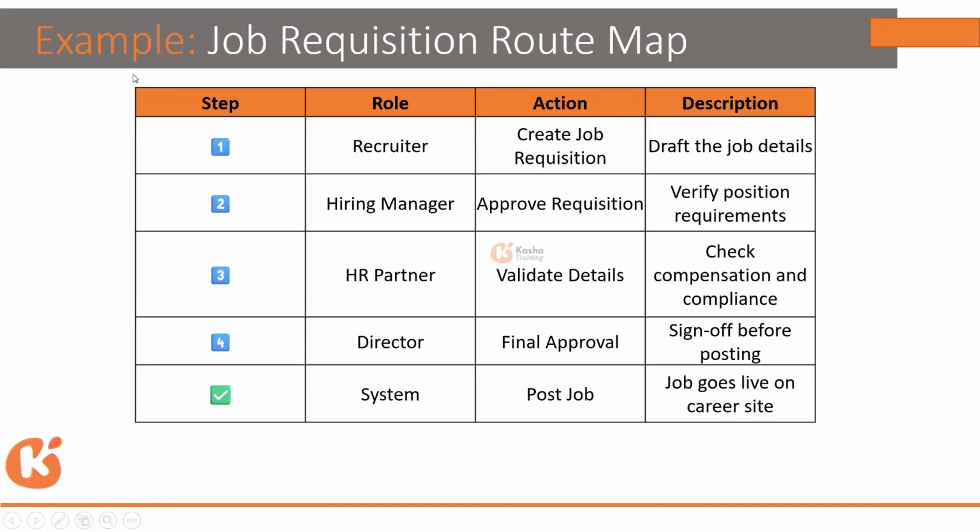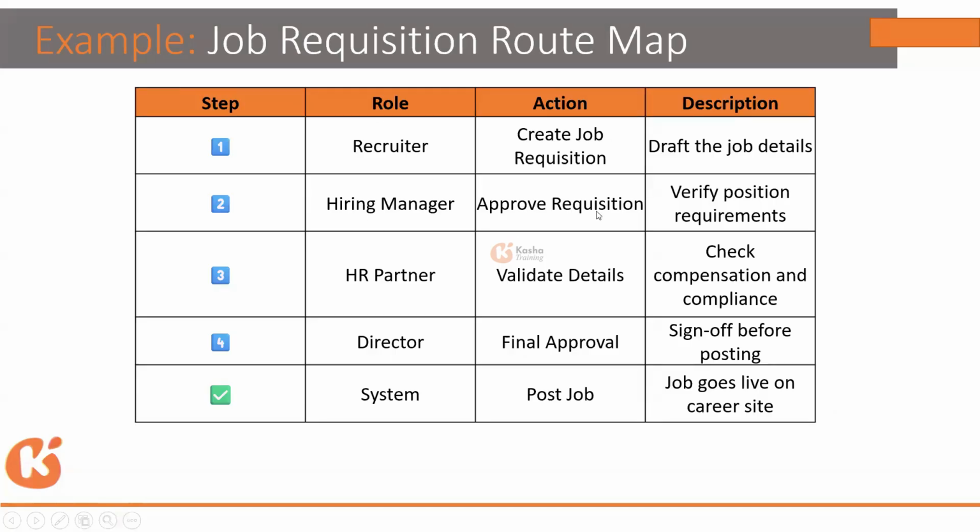Now this is one example for a job requisition. You can see there are a total of 4 steps. The recruiter creates a job requisition, which is the draft of the job detail, and it goes to the hiring manager.